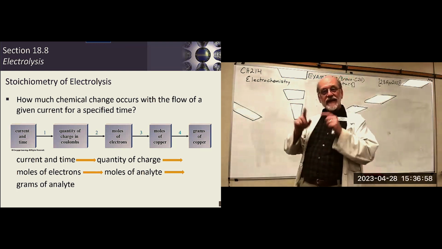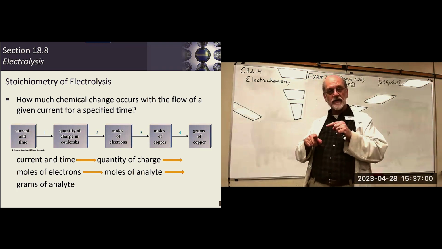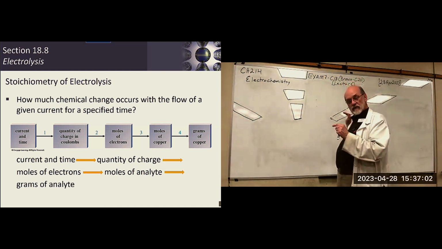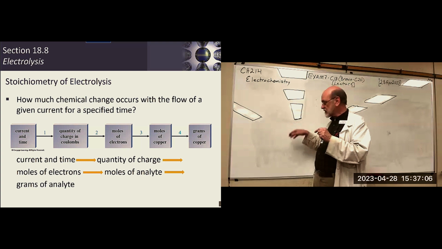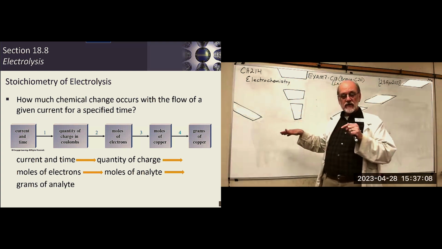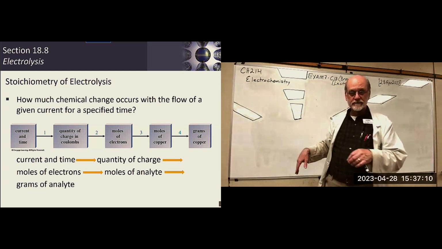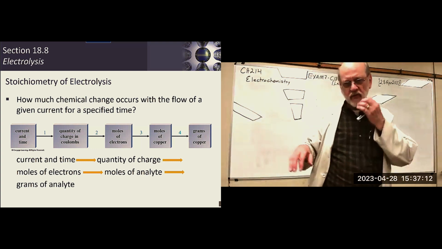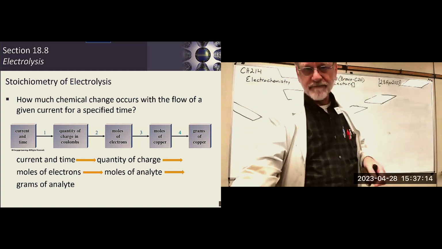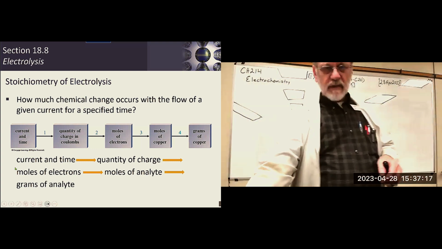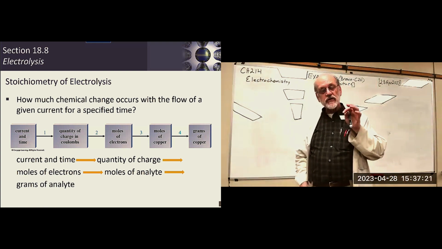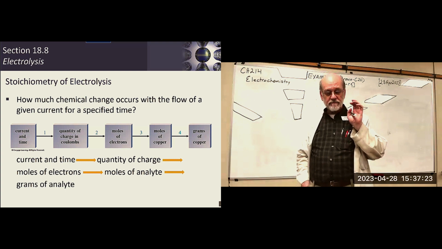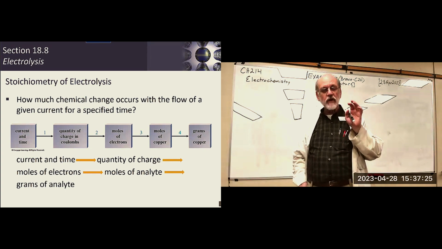And we have to know how many moles of electrons are going in reverse to drive the reaction backwards and produce usually a metal. Not always, but for our example, it would be a metal. And once we know that, the solution to the problem becomes a unit conversion problem.